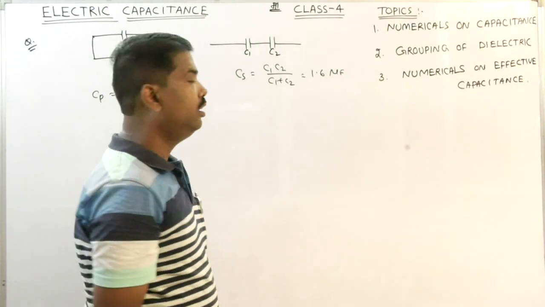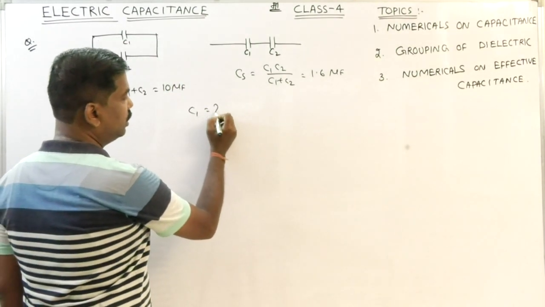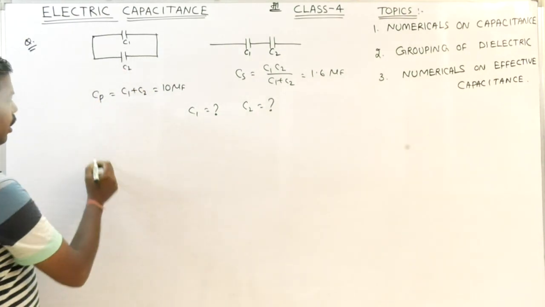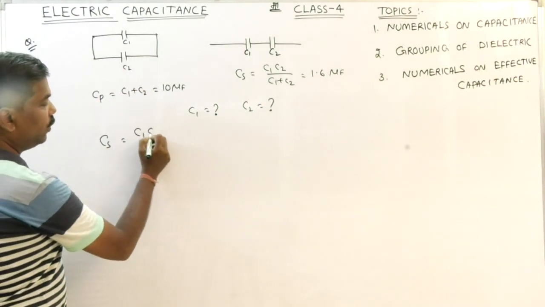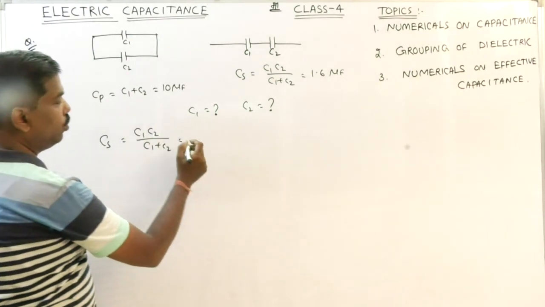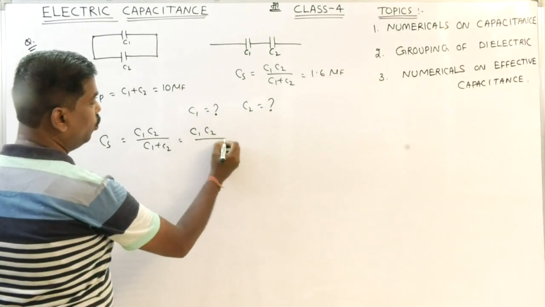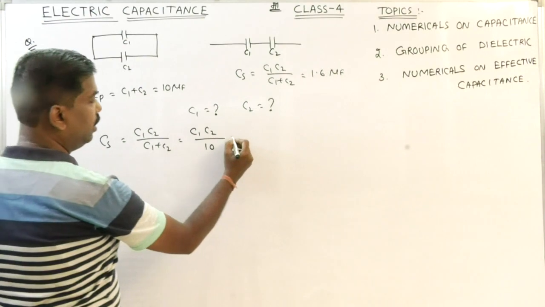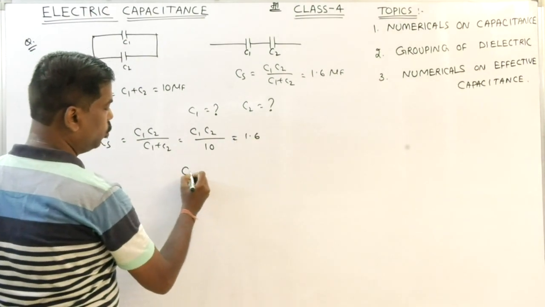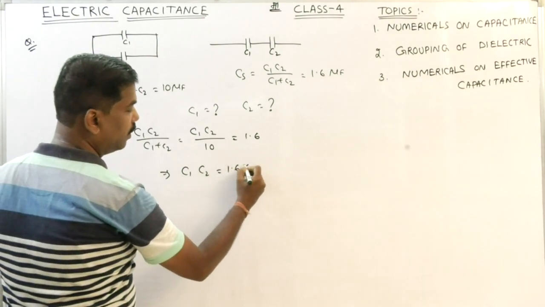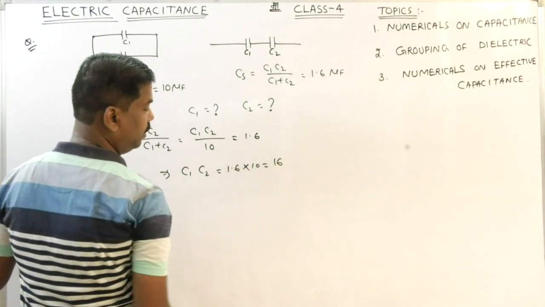Then find C1 is how much and C2 is how much. So in series we know that C1 C2 by C1 plus C2 is 1.6, and the value of C1 plus C2 is 10 microfarad. So C1 C2 is found to be 1.6 into 10, that is 16.